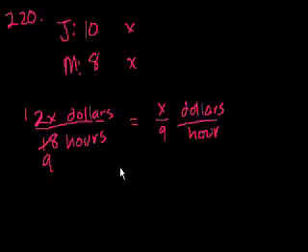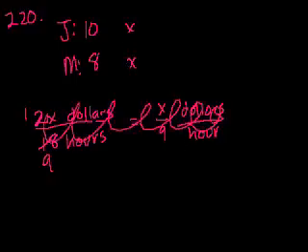Actually, let's think of it this way. I just thought of a better way of doing it. They were each paid X dollars in advance. John worked 10 hours, and Mary worked 2 hours less.